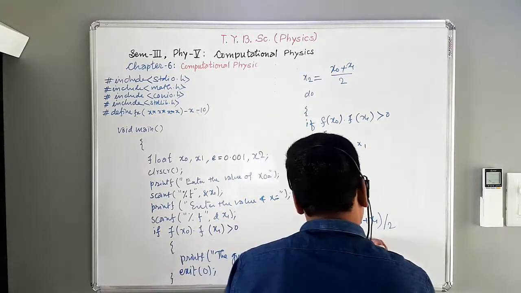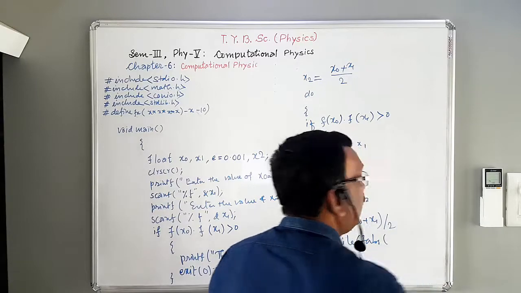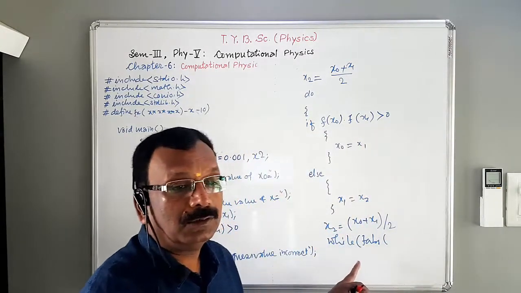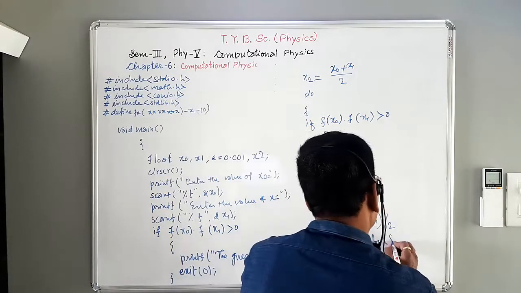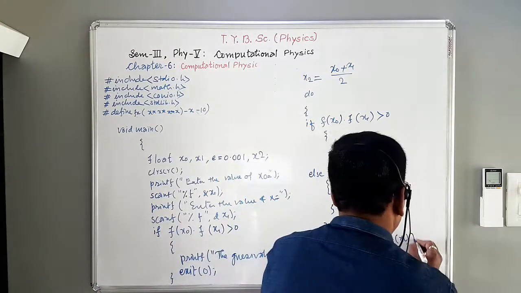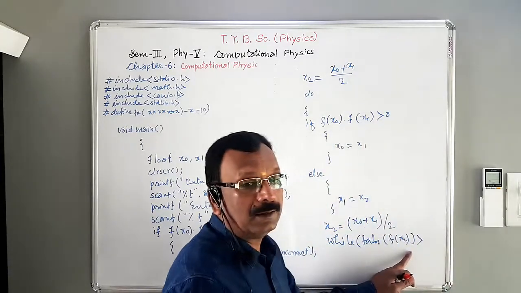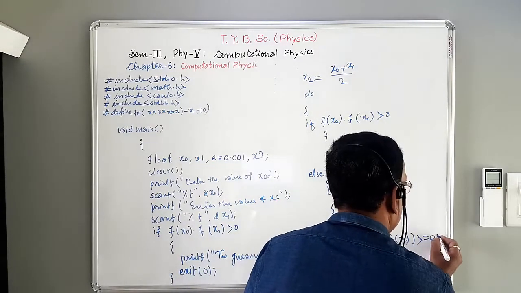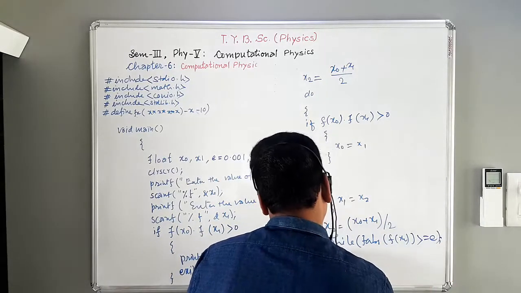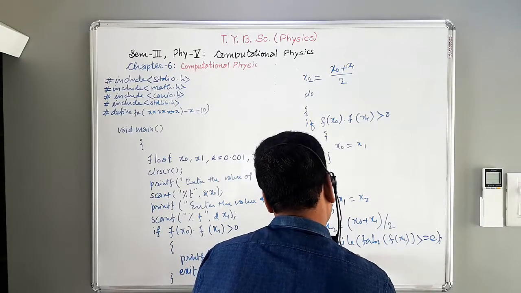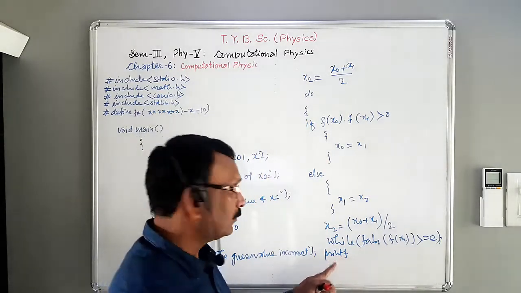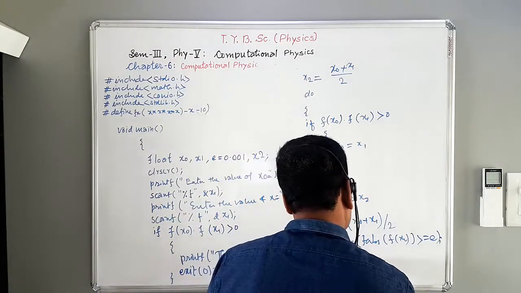While fabs of x2 is greater than or equal to e, then we have to print the root by this function, and that should be on a new line.